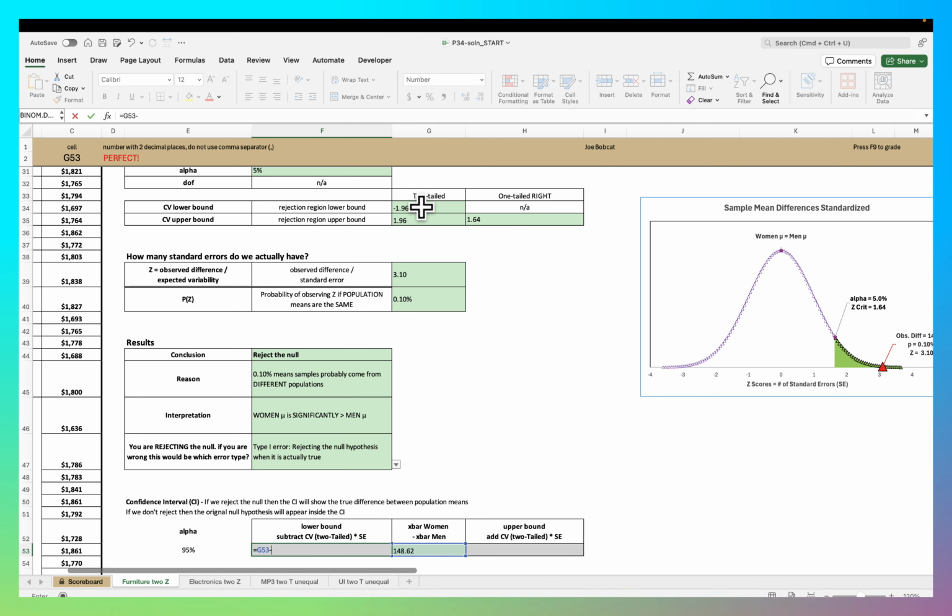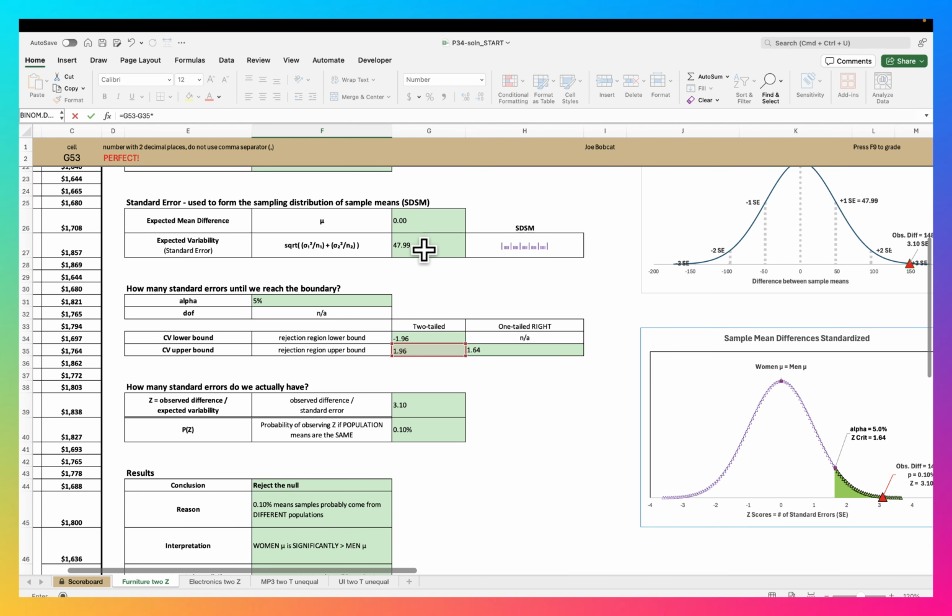the critical value, the lower bound. Well, actually, we'll use the upper bound for both, so that we have the positive number since we're subtracting, so it all works out. So we're going to subtract from that the critical value, the positive critical value, times the standard error.